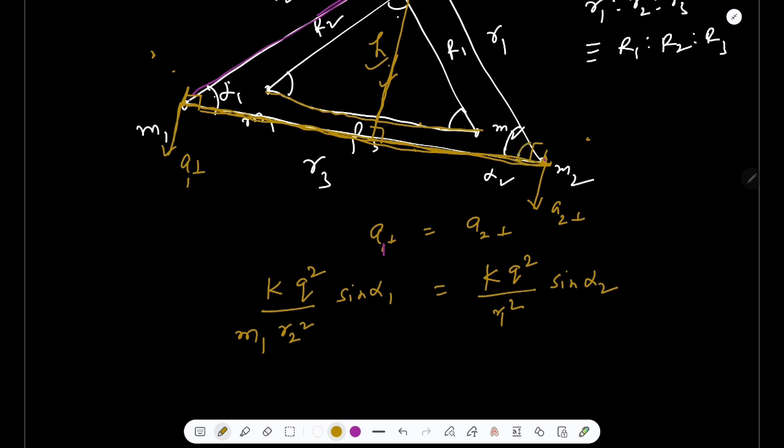This angle is alpha 2 and this angle is alpha 1, and this is perpendicular.